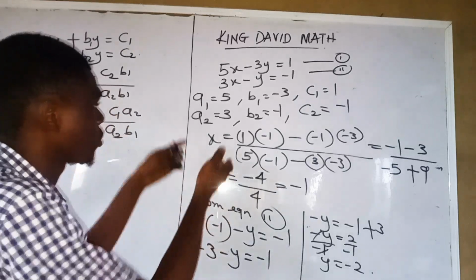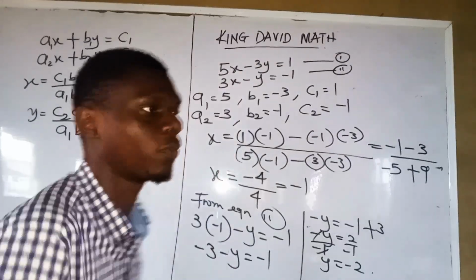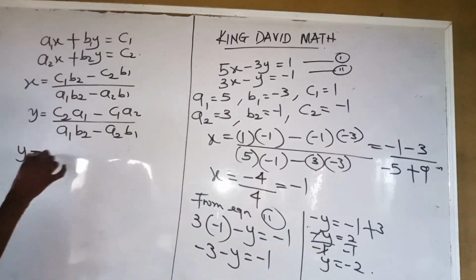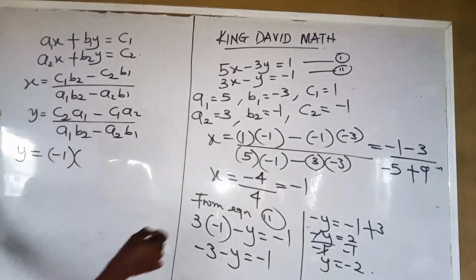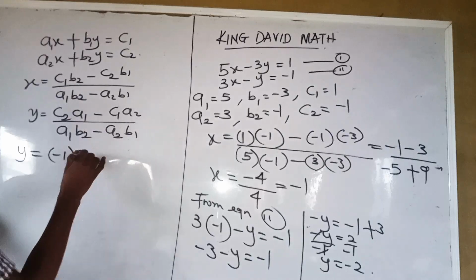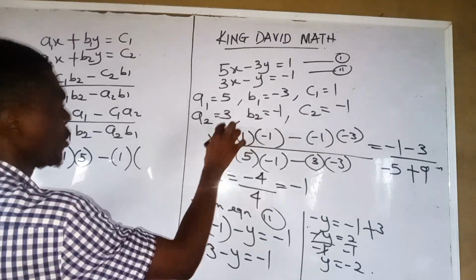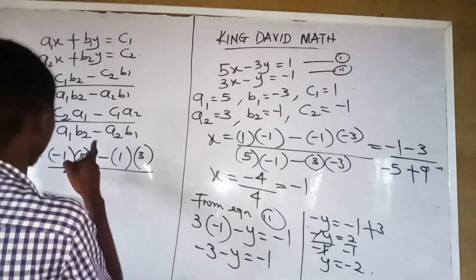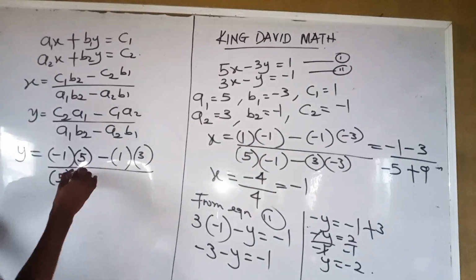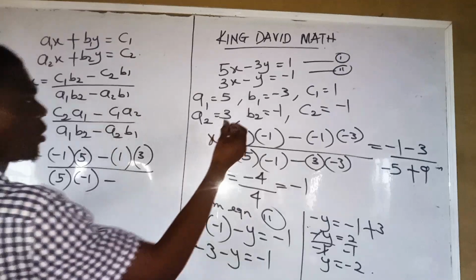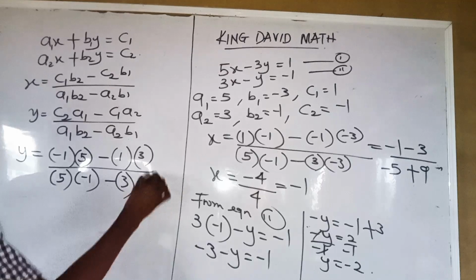But in this case, I'm going to use the formula for y to see if we will arrive at the same answer. So getting the value of y using this formula, my C2 is minus 1, so minus 1 open brackets A1 is 5, minus my C1 is 1, A2 is 3, over A1 is 5, B2 is minus 1, minus A2 is 3, and our B1 is minus 3, right?